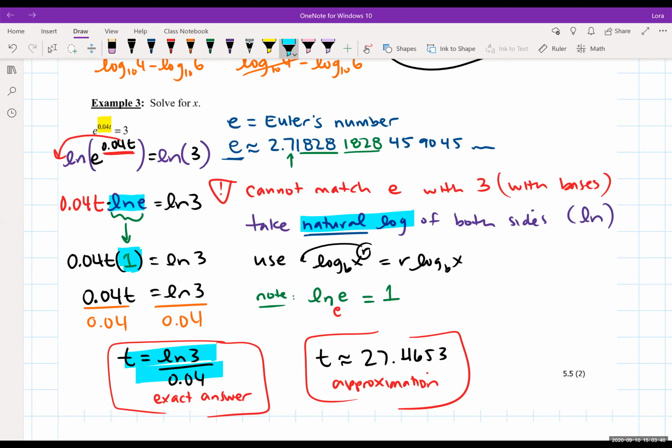If you decided to take the common log of both sides, in the end, your answer would be a little more complicated when you look at the exact version, but it would still come out to the same approximation. So just kind of go with the flow. Use what you think would be appropriate, but usually e's and natural logs go together.